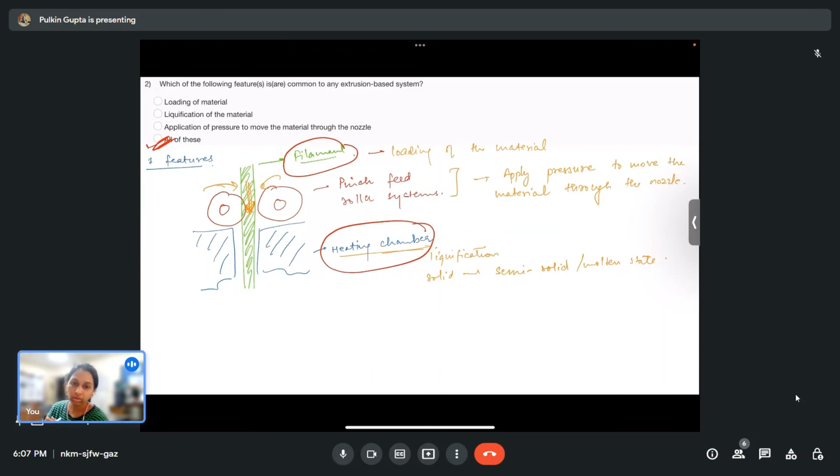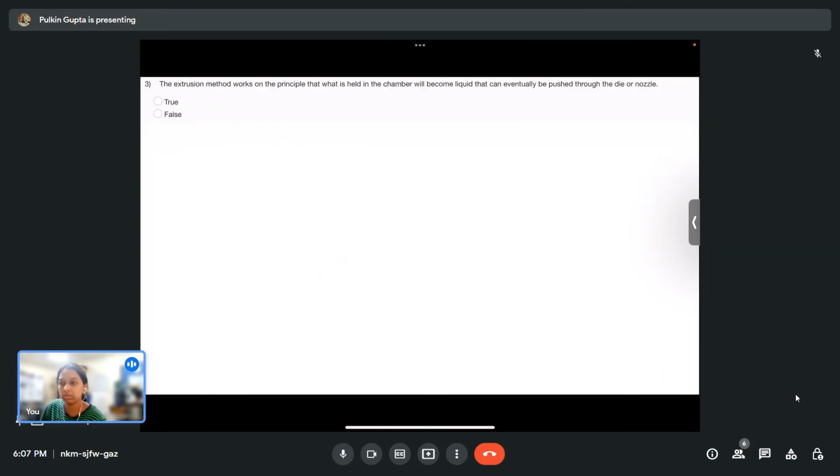Imagine if the toothpaste was a complete solid. Would it be possible to take it out of the tube by applying pressure? Obviously not. On similar lines, extrusion based methods have been developed, wherein the material held in the chamber becomes liquid and can be pushed through the die or the nozzle. So the answer is true.